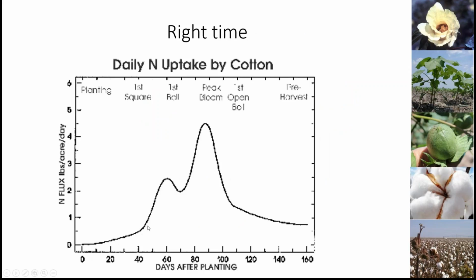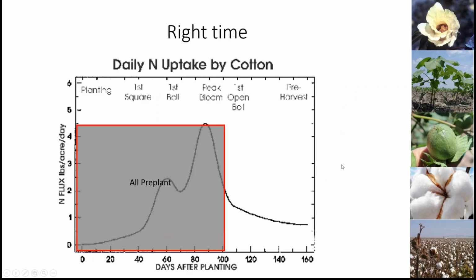So understanding when the nitrogen requires its peak amount. In the past, our application strategy has been all pre-plant. That means everything east of this line or west of this line or above that curve is sitting there for denitrification events, potentially for loss events.